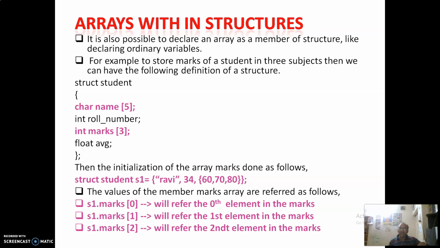Now Ravi is initialized to name, and 34 is initialized to roll number, and 60 will be assigned to S1.marks[0]. S1.marks[1] is 70. S1.marks[2] is 80. Here, this is the 0th element, this is the first element and also the second element. The 0th element is 60. Now S1.marks[0] contains this.